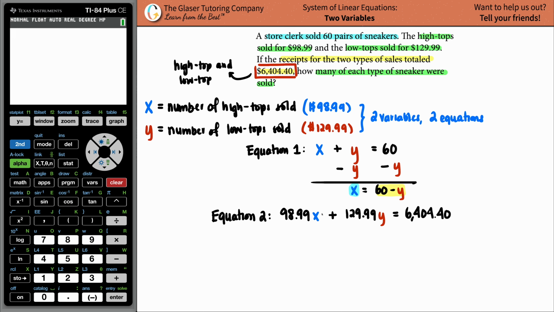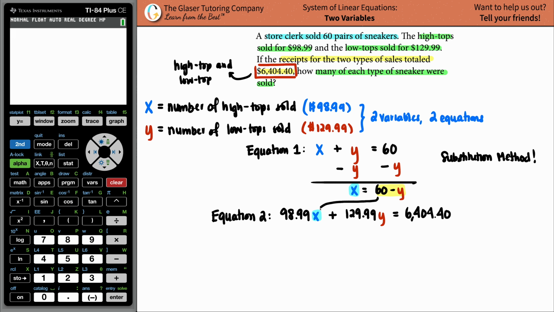The problem here is that I can't solve for 2 different variables. I have to get rid of one. And that's why we're going to use the substitution method. Because now I have an x value in my other equation, so I can sub out what the x is.